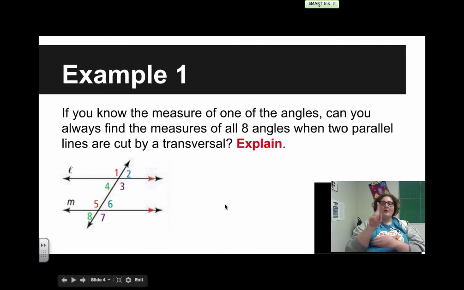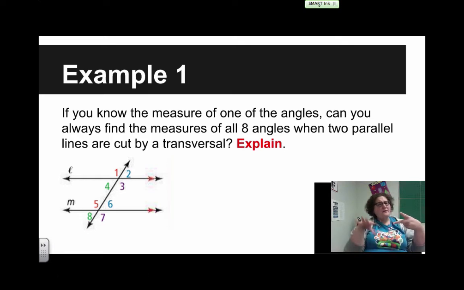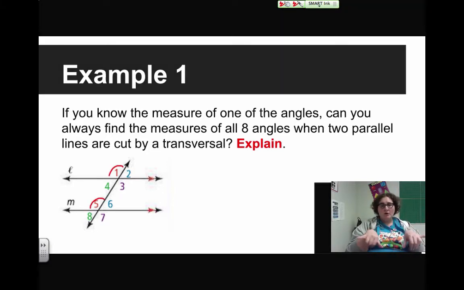Example 1 says, if you know the measure of one angle, can you always find the measure of all 8 angles when two parallel lines are cut by a transversal? Explain. Well, we just had the theorem that said corresponding angles are congruent. So I know that angle 1 is congruent to angle 5.